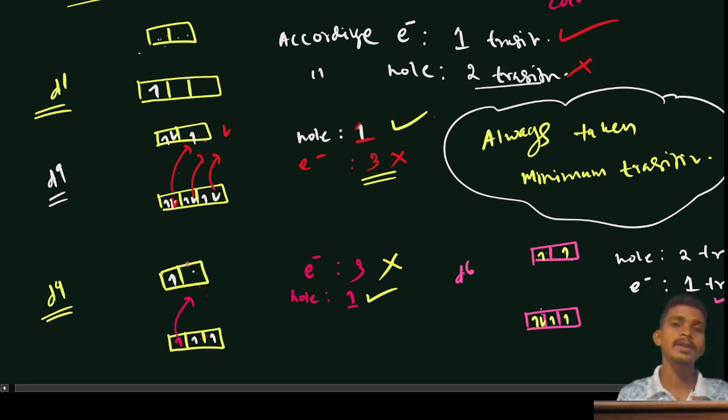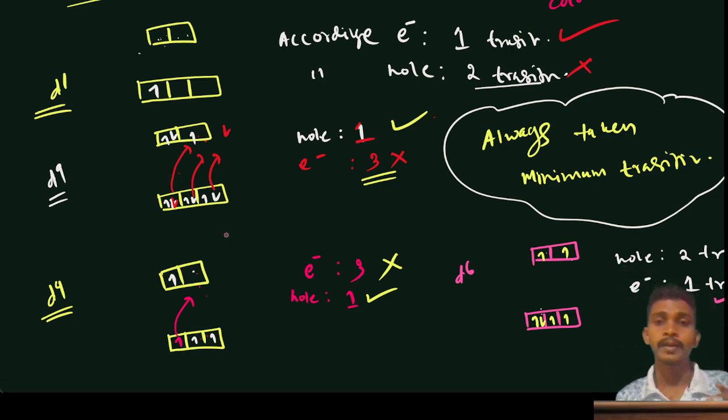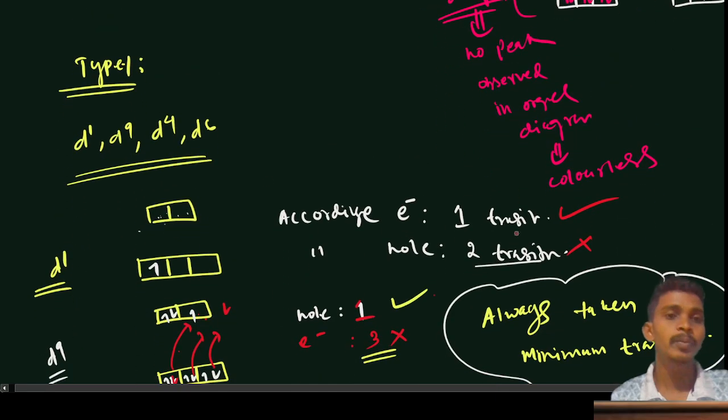Okay, so this is the concept of hole or electrons, because always we will take the minimum transitions. So wherever the minimum transition is possible, we will consider that, either it may be hole or it may be the electrons. Okay, so for this type 1 we will do the Orgel diagrams.